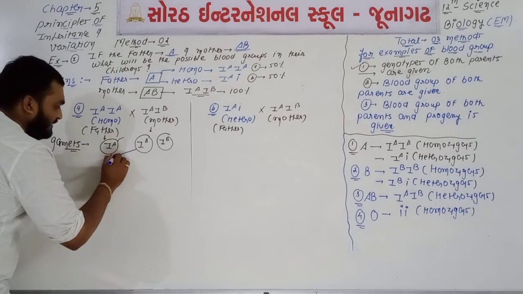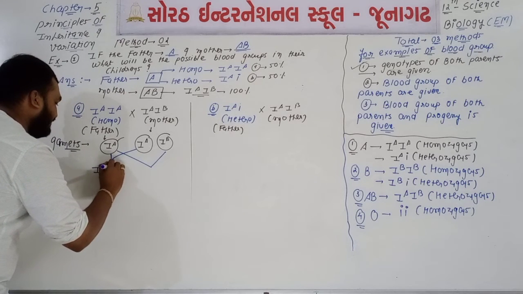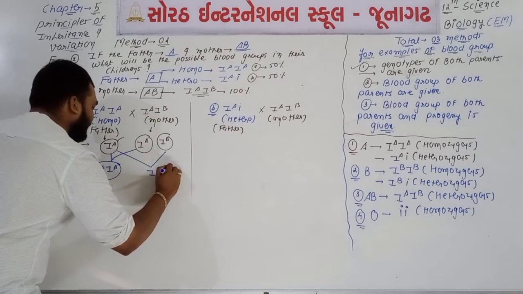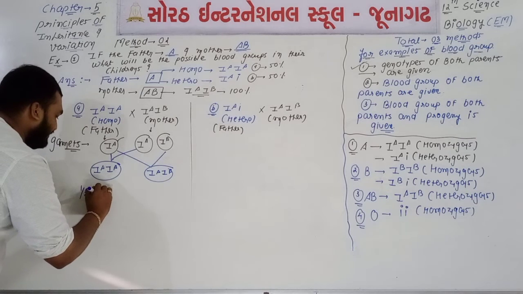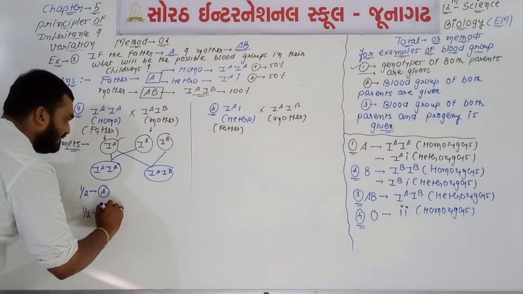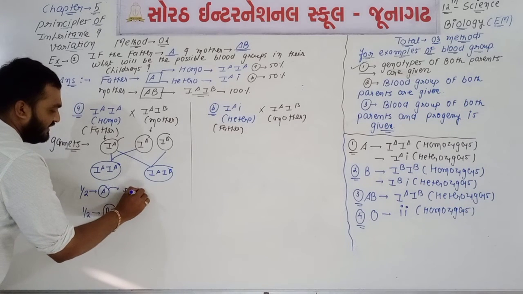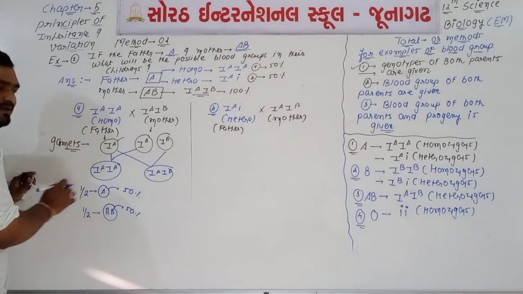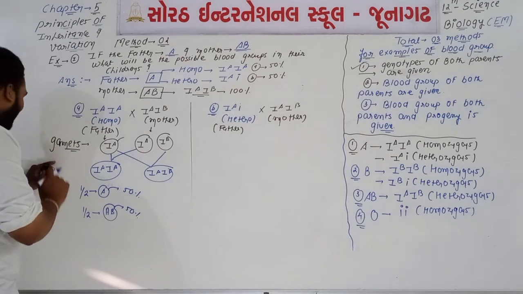So here 50% chances of IA and 50% chances of IB, meaning 1/2 blood group A and 1/2 blood group AB. Get it? There are 50% chances of blood group A and 50% chances of blood group AB if the father has the homozygous genotype.